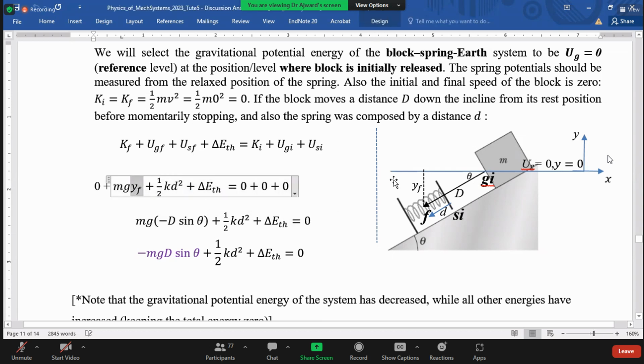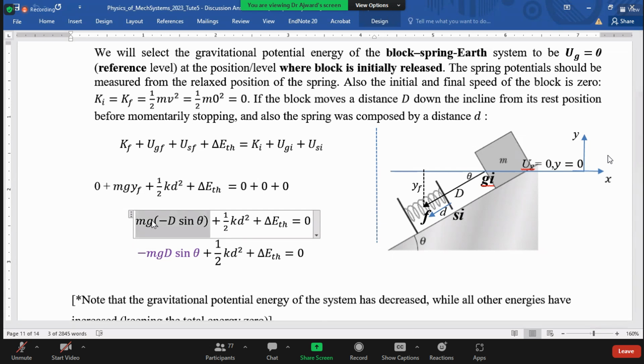But here the final gravitational, you see that mgy is the gravitational potential, but y is negative. y is negative d sine theta, right? Any questions there? No? Remember the gravitational potential, we did this from the beginning of the lectures.